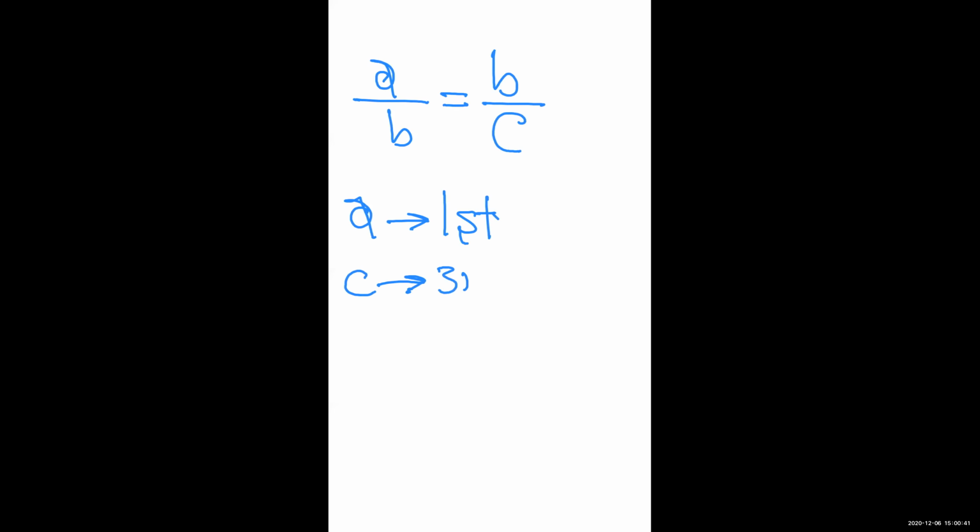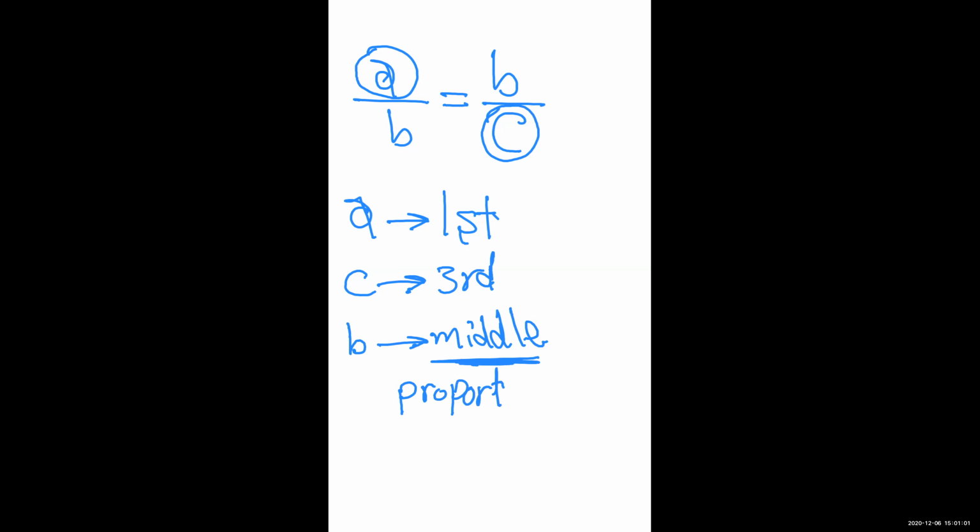Continued proportion, guys, means if the quantities A and B and C are in continued proportion, this means A over B equals B over C. A is the first proportion, C is the third, and B is the middle proportion, or the proportional mean.